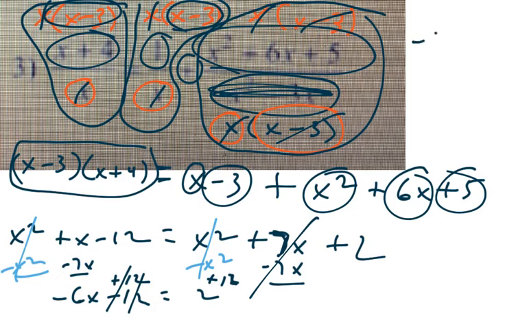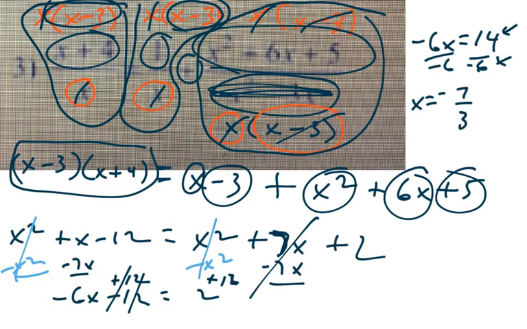So negative 6x is going to equal 14, right? Okay. So dividing by negative 6, x must be negative 7/3. Now again, guys, to save a little time, pause the video if you need to see any of this work. Please pause it now.